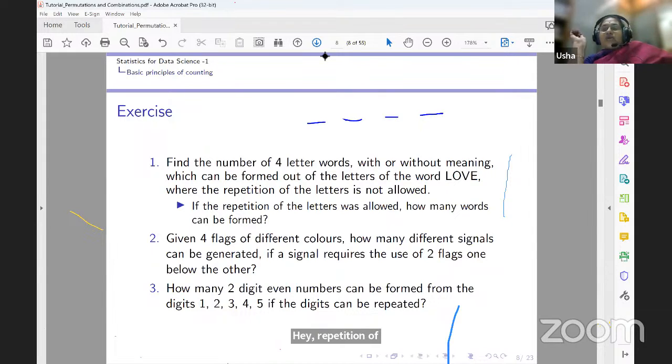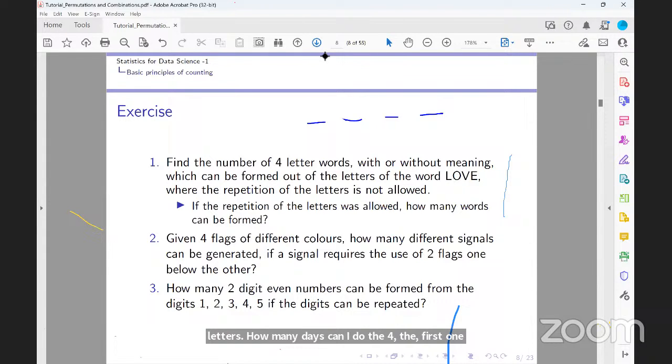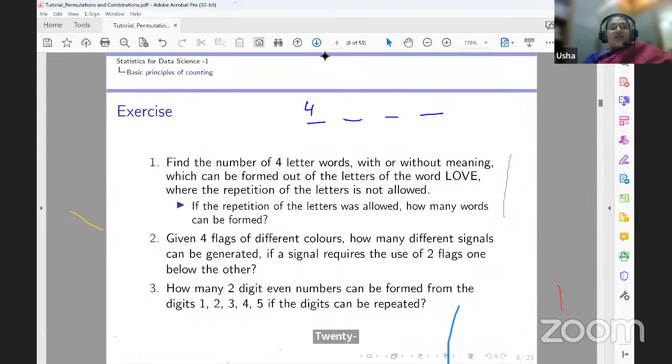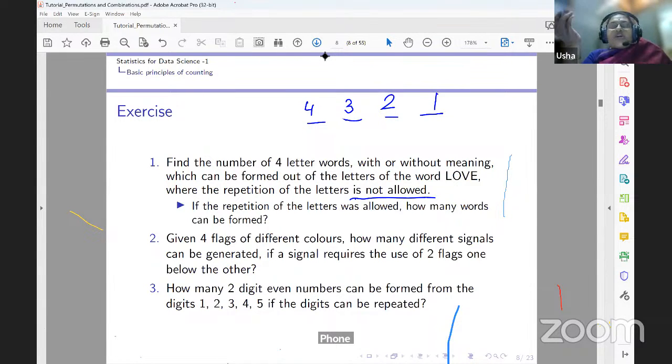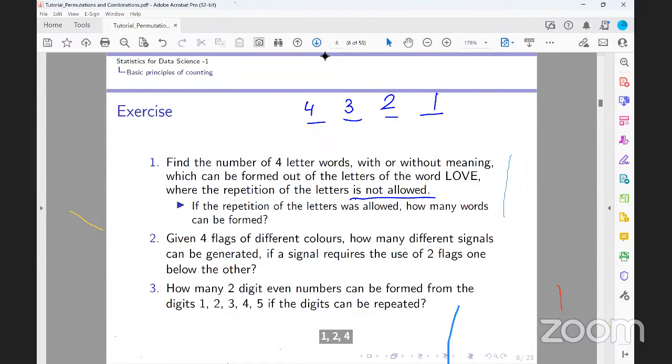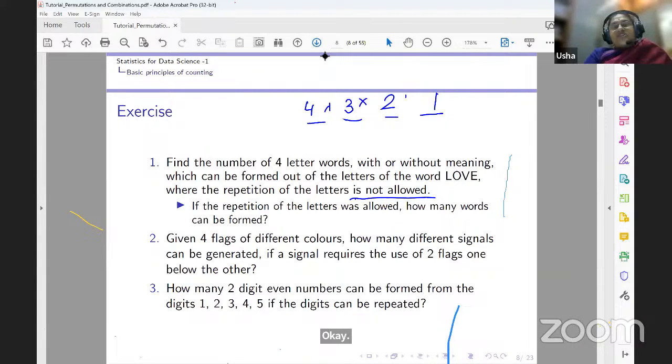How many ways can I do the first one? 4 ways. Repetition is not allowed. So the second one is 3 ways, then 2, and this is 1. Now will you use a multiplication or the addition rule here? Multiplication rule. Because it is "and", so this is 4 into 3 into 2 into 1.